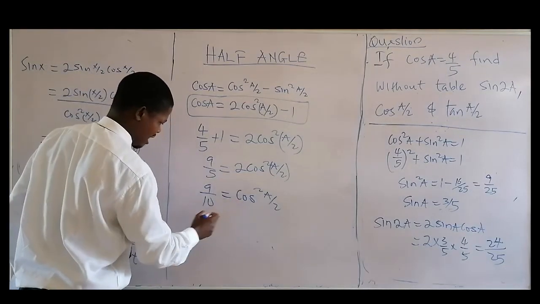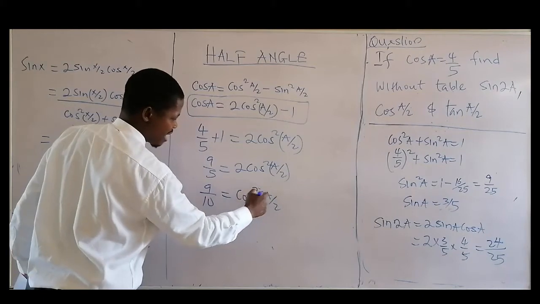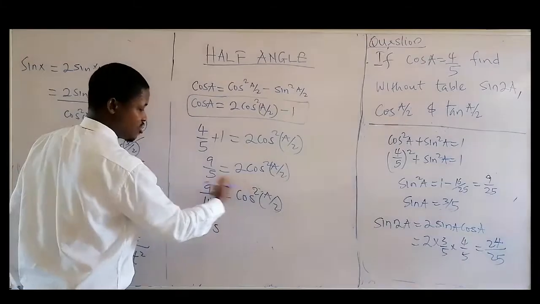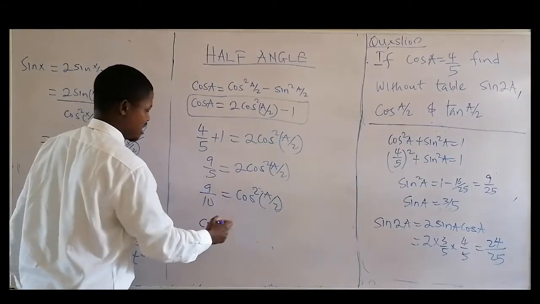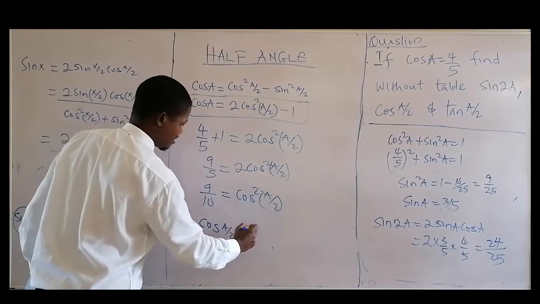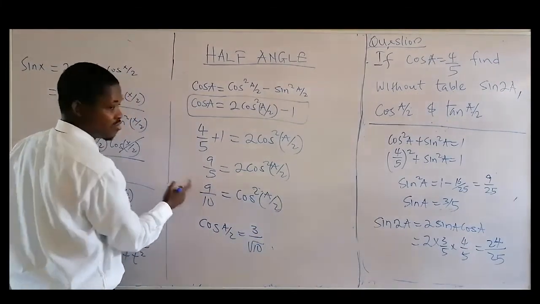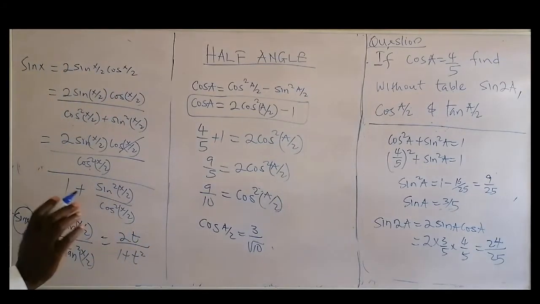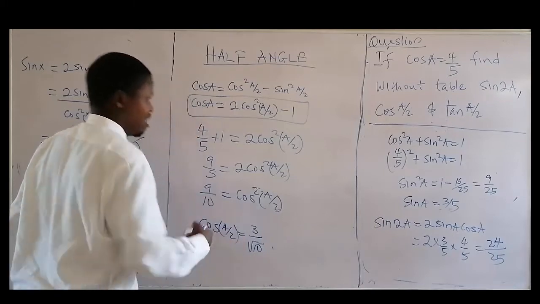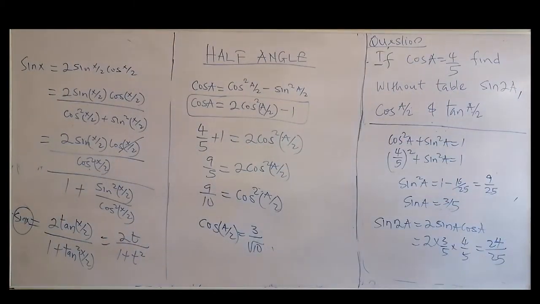To remove this square here, you take square root of both sides. And that will be equal to cos A over 2 is equal to 3 over root 10. Root 9, root 10. So that one is done. Normally, I think if you like, I can put A here. I don't know why we don't put it in that question.